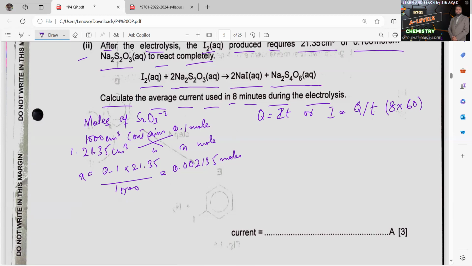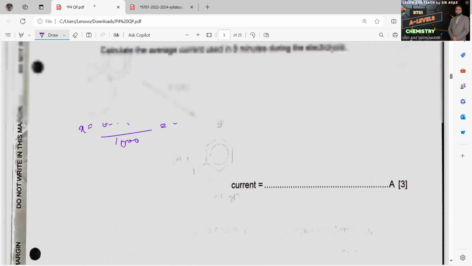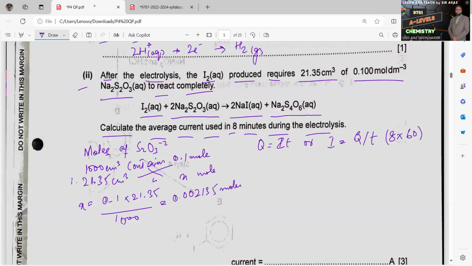Here you can see the reaction: 2 moles of electrons are released. So this will be the value for the 2 moles of electrons. What about the moles of I2? If you look at the equation, for 2 moles of electrons, 1 mole is needed, which means half of the mole is needed for this value.